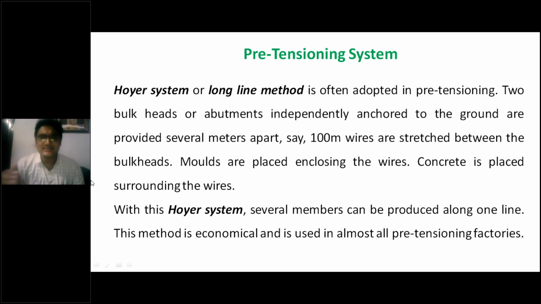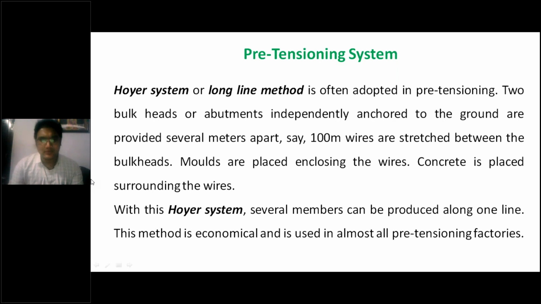What exactly does the Hoyer system explain? Here there are two bulkheads, which can also be called abutments, independently anchored to the ground and provided several meters apart, say 100 meters. For pre-tensioning, the heads are on either side, one on this side and one on the other.